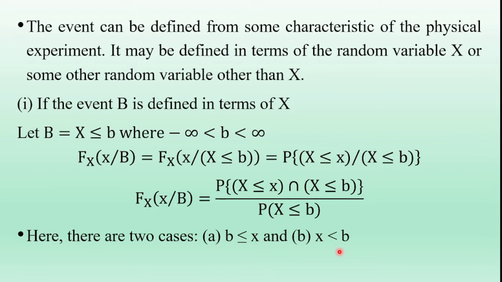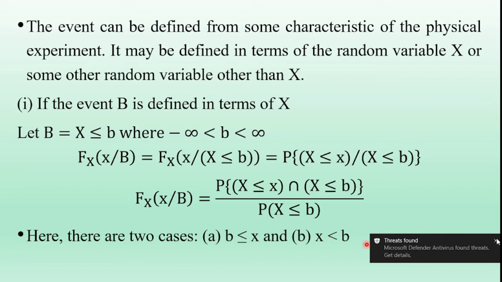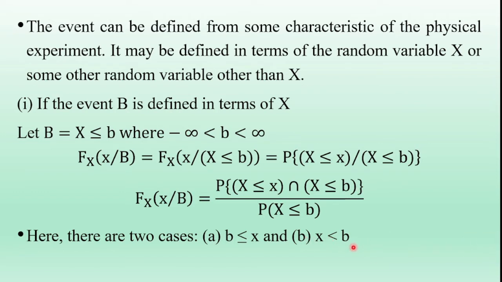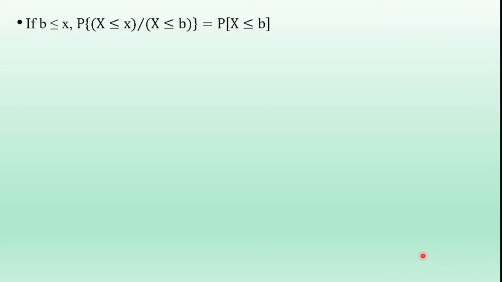In the first case, for small b less than or equal to x, the numerator term, probability of X less than or equal to x intersection X less than or equal to b, is only probability of X less than or equal to b. In the second case, b greater than x, the numerator term is only probability of X less than or equal to x. So that is the first case: if b is less than or equal to x, the numerator term becomes X less than or equal to b.